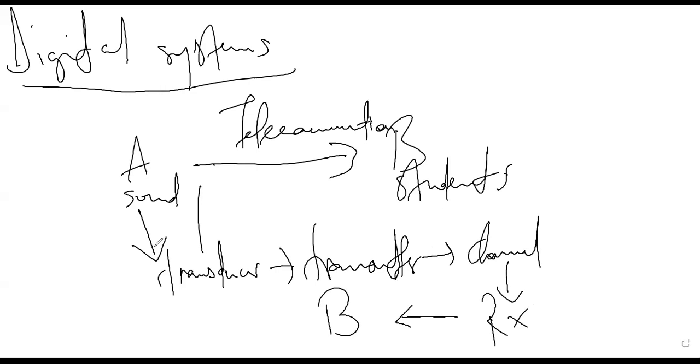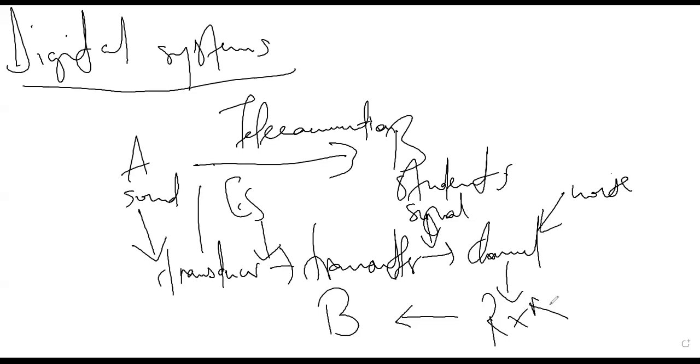We have an electrical signal, which goes into the transmitter. We have another signal here suitable for the channel, which goes into the channel. Then we have noise in the channel. We have the receiver, noise and demodulation.